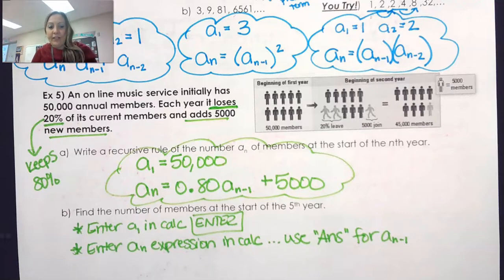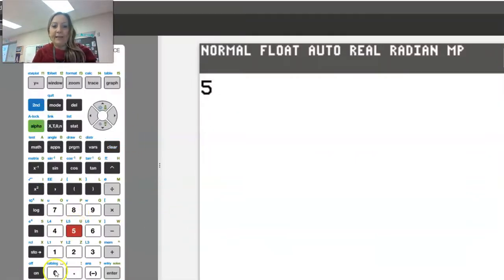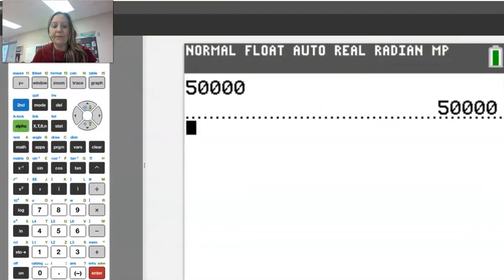So in our calculator, we're going to put 50,000 and then press enter. We good with that? Okay.